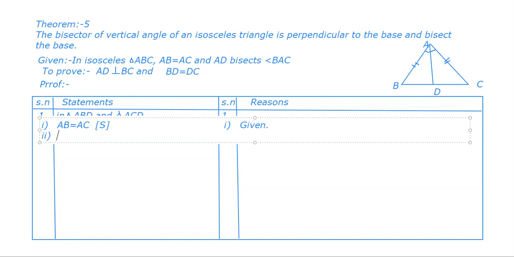Then angle BAD and CAD are equal. Angle BAD and angle CAD are equal. This is angle.